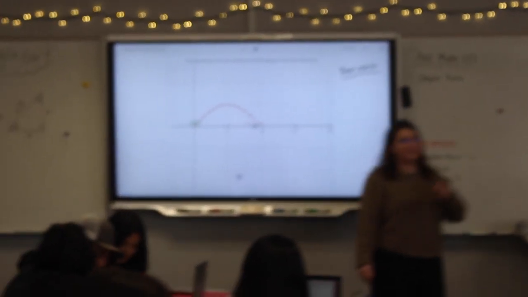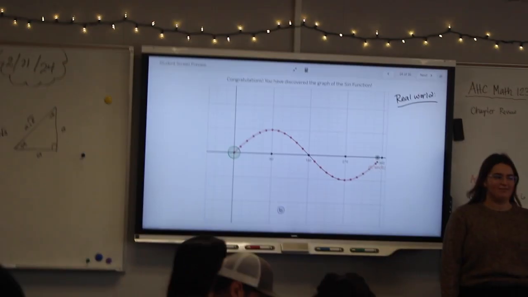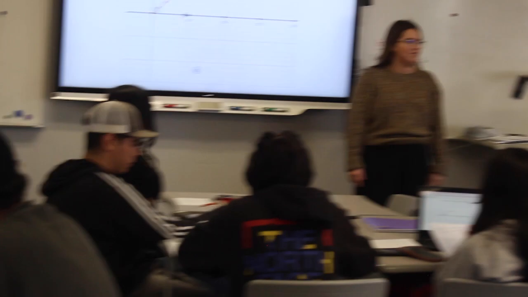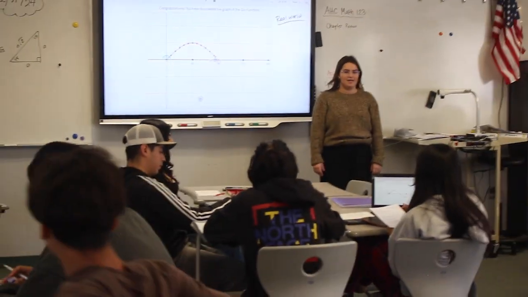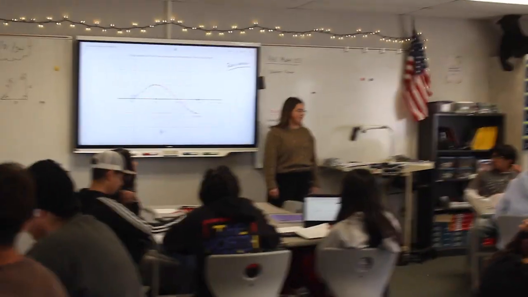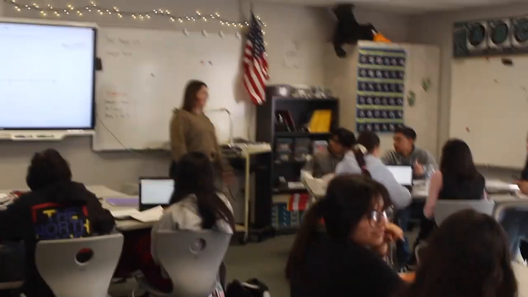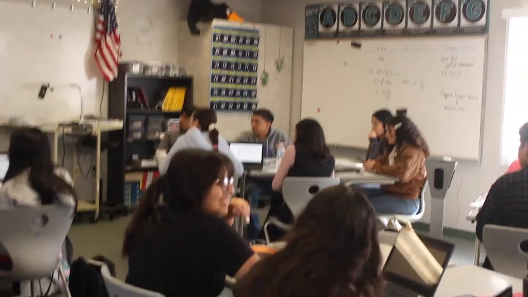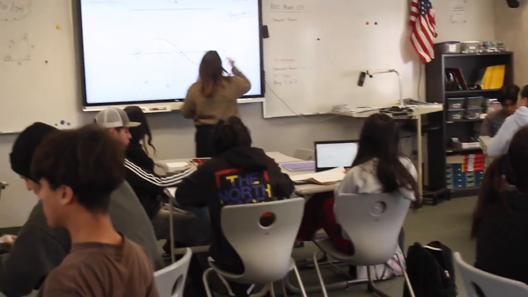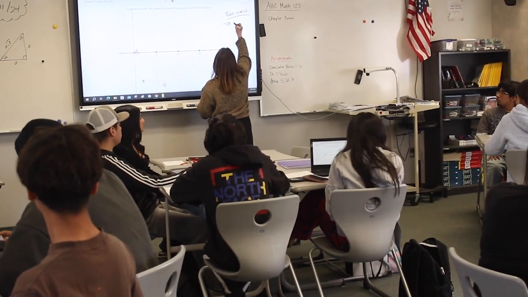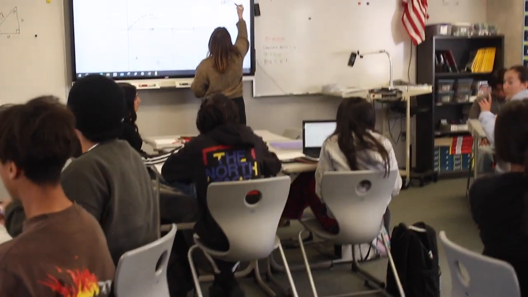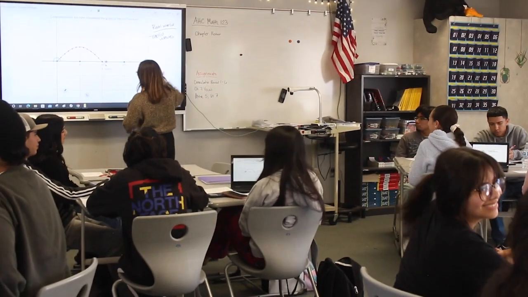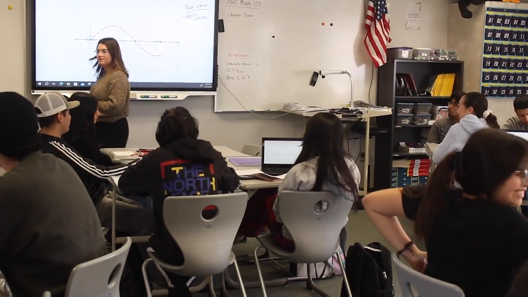All right, let's wrap up those conversations. Everybody have an idea of what they're gonna share? Right. I'm gonna start at table 1. What did you guys come up with for a real world example? Radio waves. So we see these in radio waves. That's how we hear sound. Let's go to table 6.